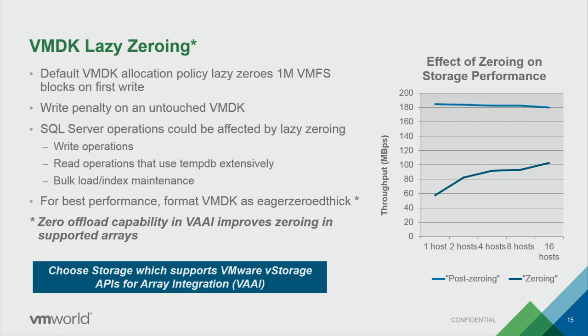So for best performance, we recommend that you format the VMDK eager zeroed thick. That means it's allocated all the space up front. You don't have to worry about cycles to grow the space. All of the zeros are written, and the VMDK is ready for first write for SQL Server. If you have a VAAI compliant array, that can take some of that load of zeroing off of the ESX host and put that onto the storage controller.